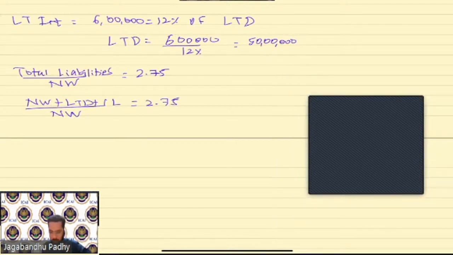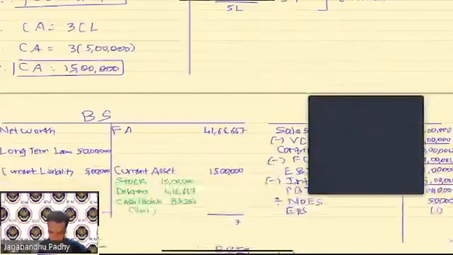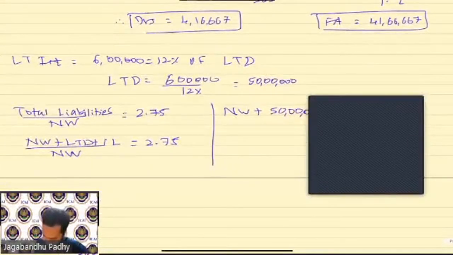We need to solve it further. So net worth plus long-term debt is 50 lakh plus current liability is 5 lakh. That's equal to 2.75 times of net worth. Then rearranging it, we get 1.75 times of net worth is equal to 55 lakhs.